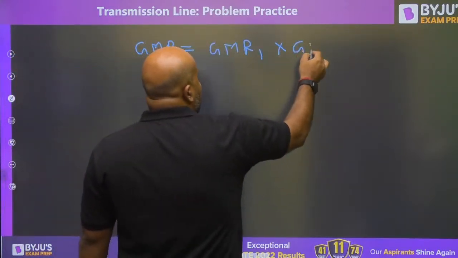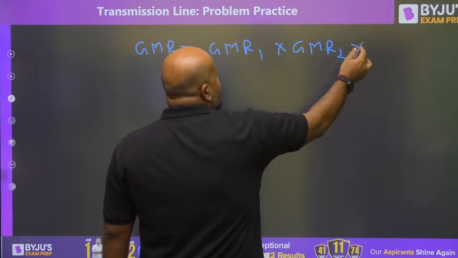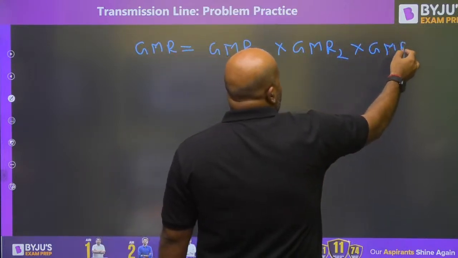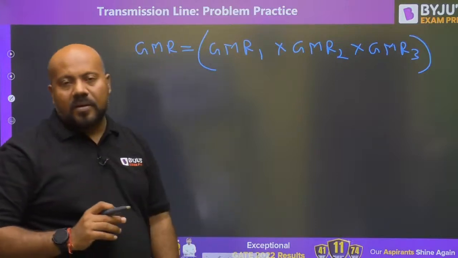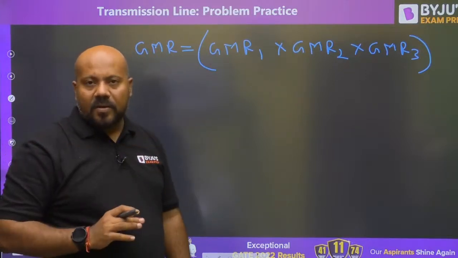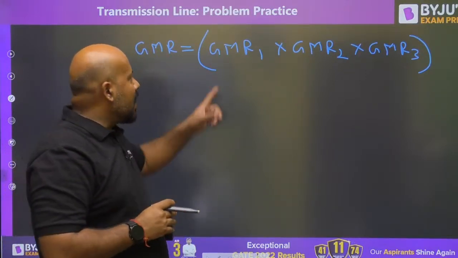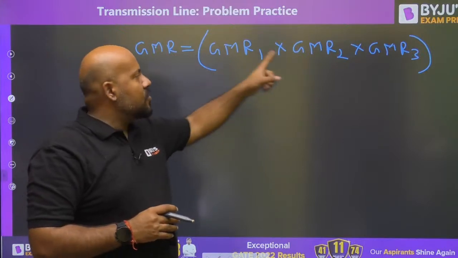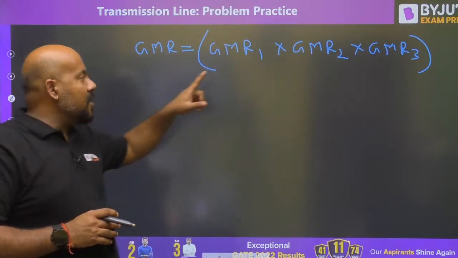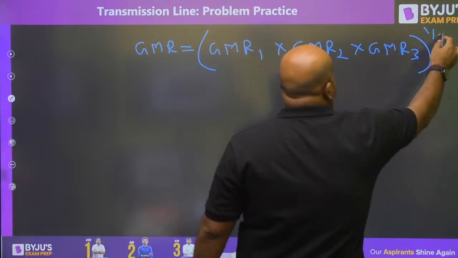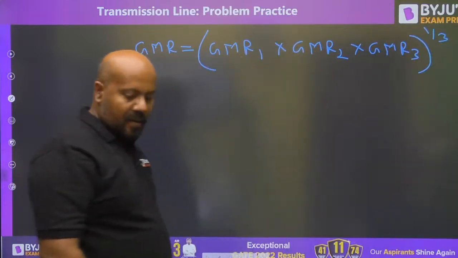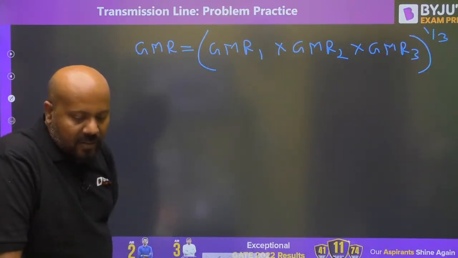So GMR1, GMR2, GMR3. What is the proper root you have to take? How many GMRs are there? 1, 2, 3. How many GMR do you want? 1. So what is the power? The power is going to be 1 by 3. Is it clear, everybody? Just tell me in the comment section.